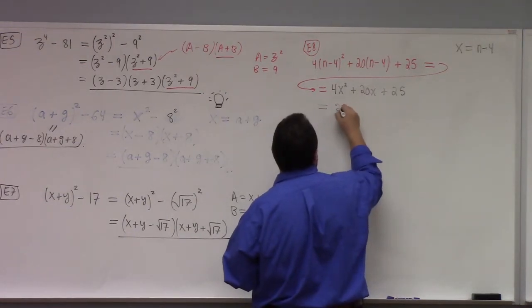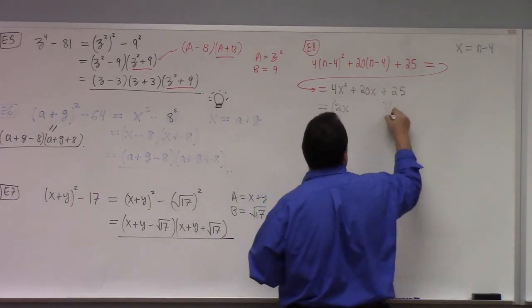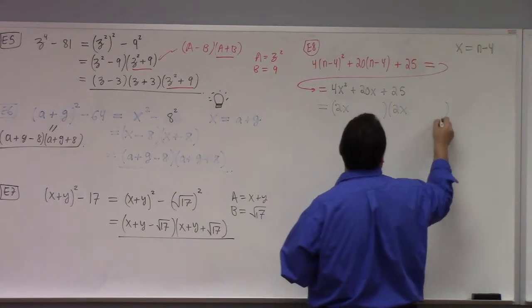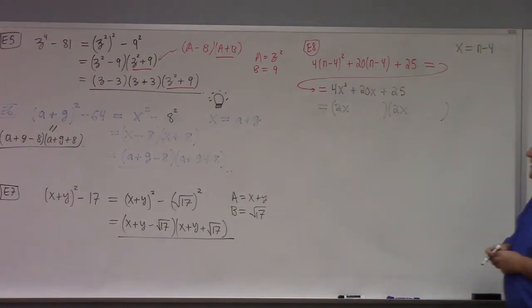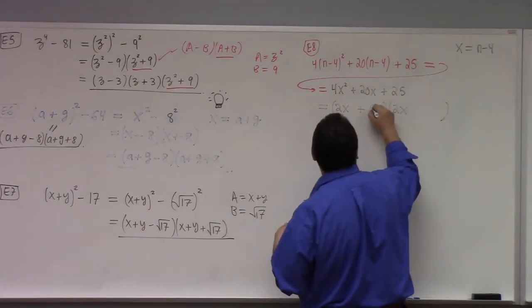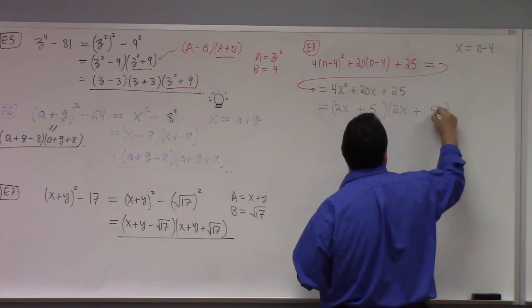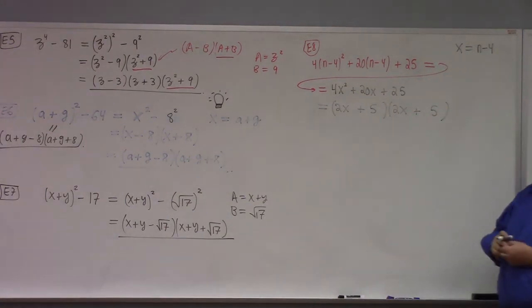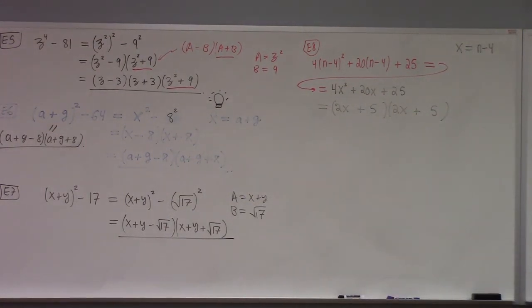So I think we can do something like 2x and 2x. And oh, it just pops out at me. We do plus 5 and plus 5. That's how this is going to factor. I did that pretty fast. That might take you 3 minutes on your own, because you'd have to guess and check and sort through it.